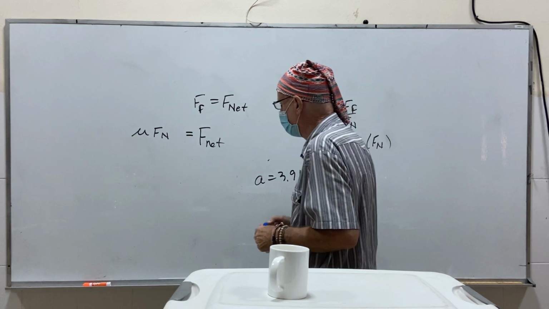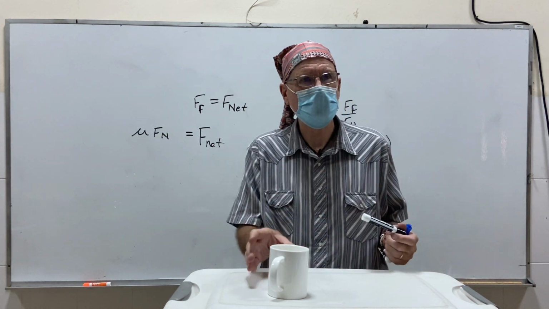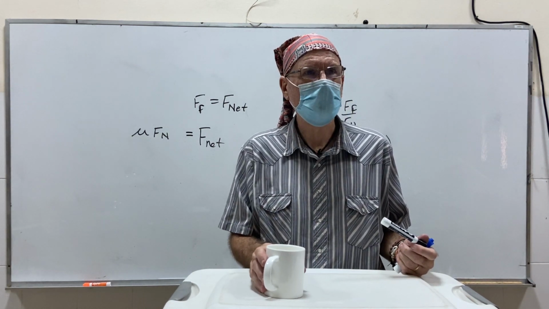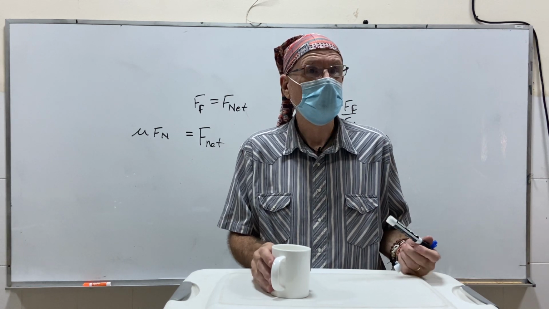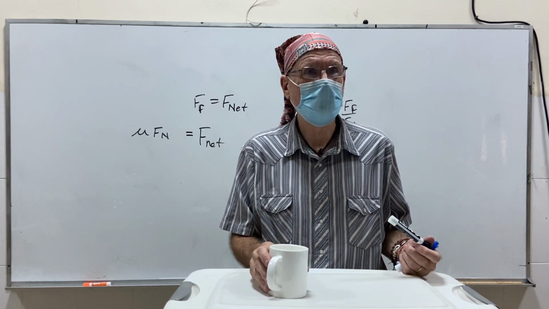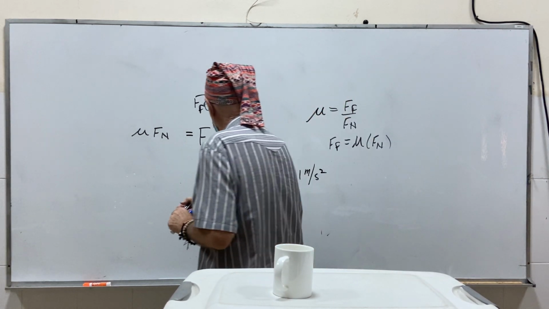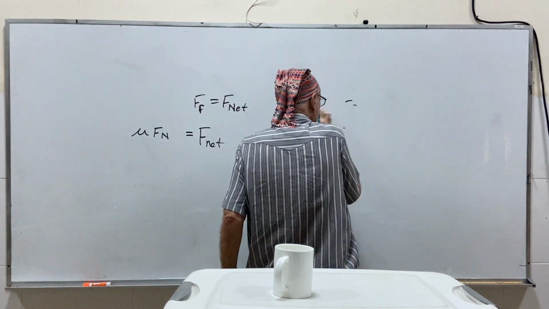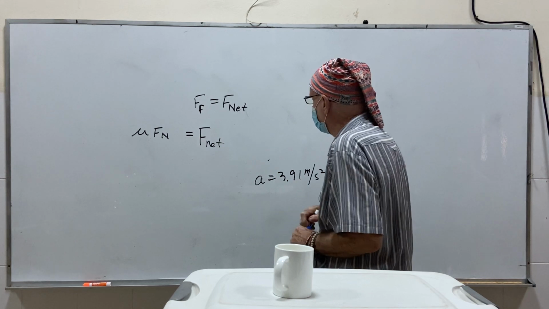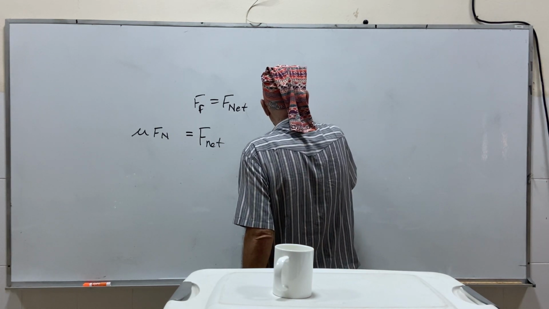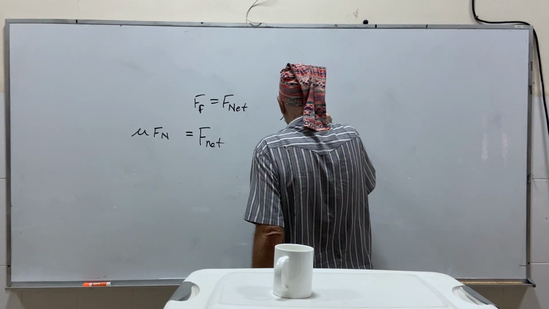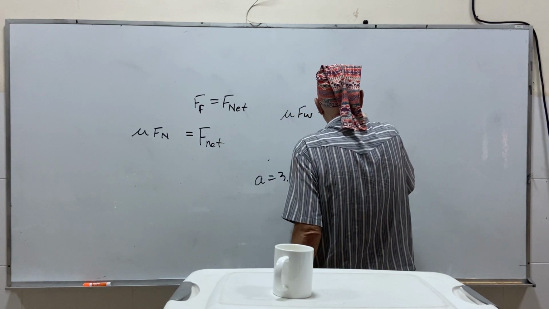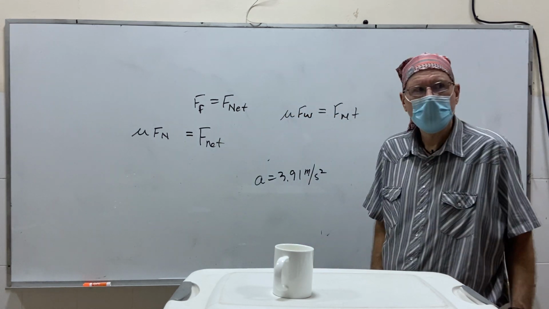Now, it's a horizontal surface. So what does Fn equal? Fw, right? So now I'm going to erase all this. I can say mu Fw equals Fnet, correct?